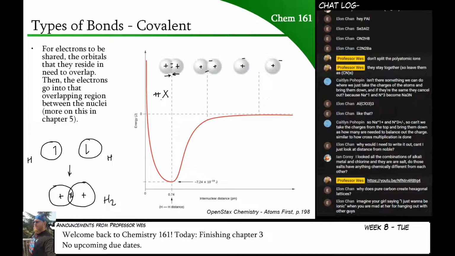So the bond energy reaches a minimum potential well at some distance. Any closer and the nuclei repel. But any further away and the atoms don't see each other. So bonds will fall into this optimum distance.